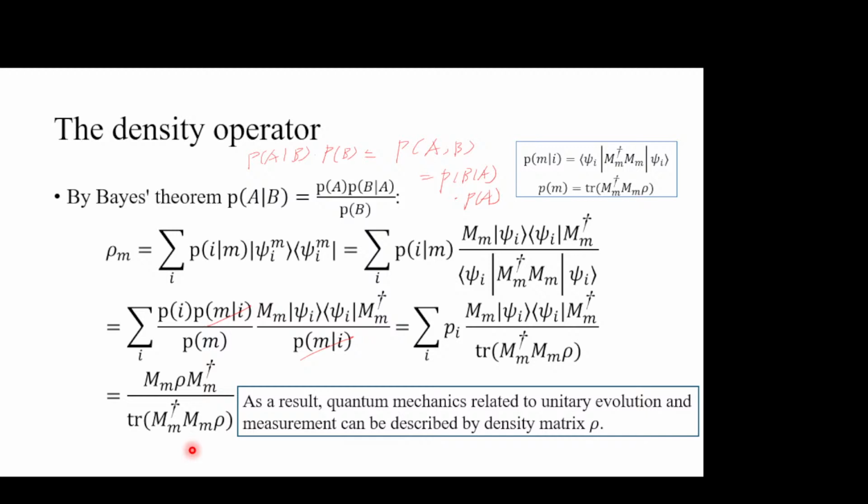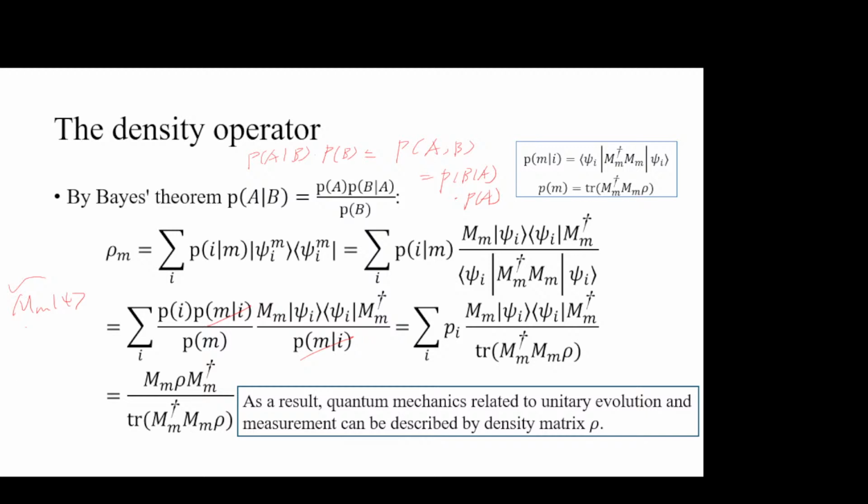An easy way to memorize this is to think of the pure state case, where we say the post-measurement state is M psi, and we need to normalize it.